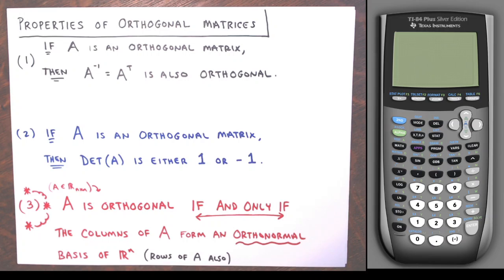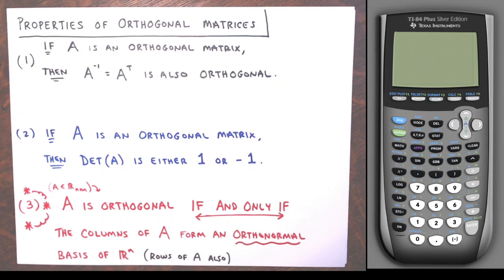If you were to take away anything from this, remember the definition of an orthogonal matrix: a matrix whose inverse is its transpose. And then these three properties. If a matrix is orthogonal, its transpose or its inverse will also be orthogonal. If a matrix is orthogonal, then its determinant will either be 1 or -1.